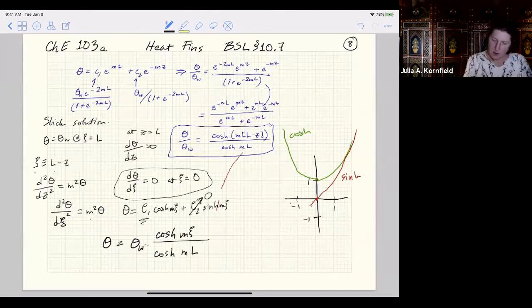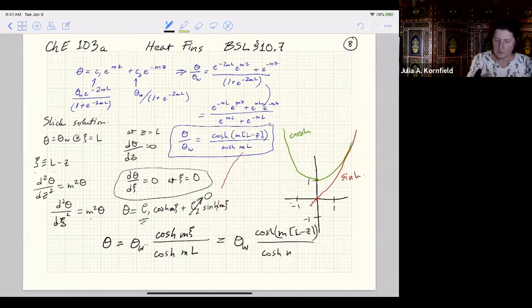And voila, we can switch our coordinates back, and we just get the solution. And this is a much quicker path to the solution.